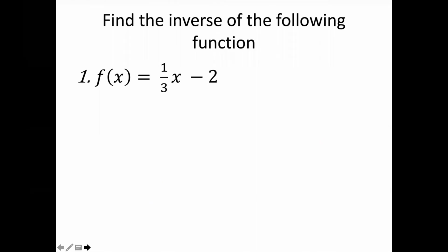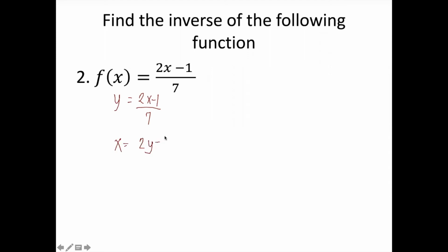Next example. This time you have the function 2x minus 1 over 7. Change it to y, interchange x and y, then solve for y. So this is 7x equals 2y minus 1, 7x plus 1 equals 2y.